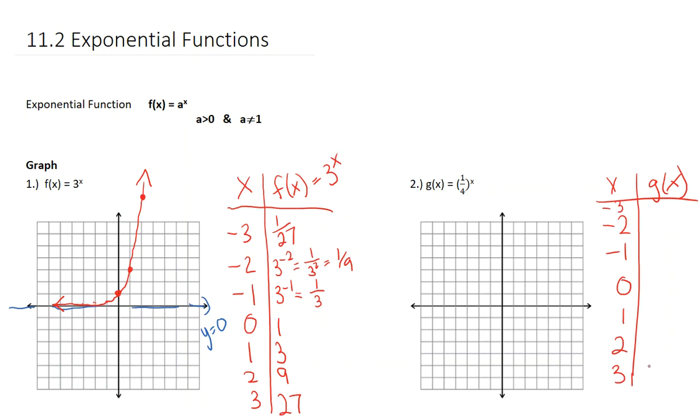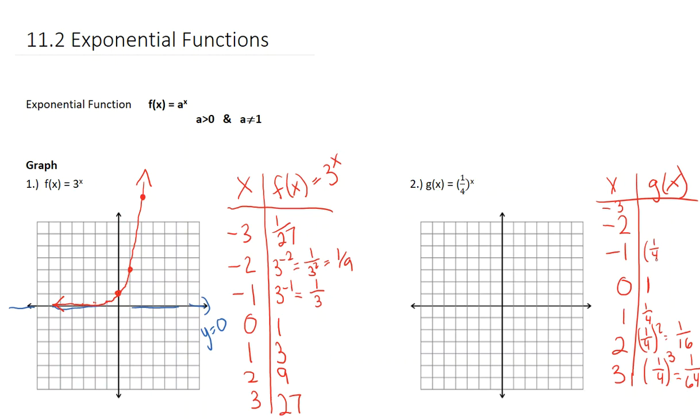This time, if I have 1/4 raised to the third power, you would get 1 over 64. Then I have 1/4 raised to the second power. That's 1 over 16. If I have it to the first power, that's 1 over 4. And 1/4 to the 0 power, again, always evaluates to 1.